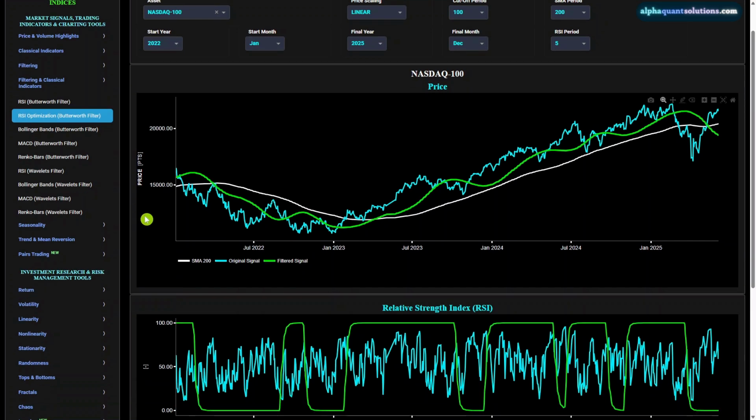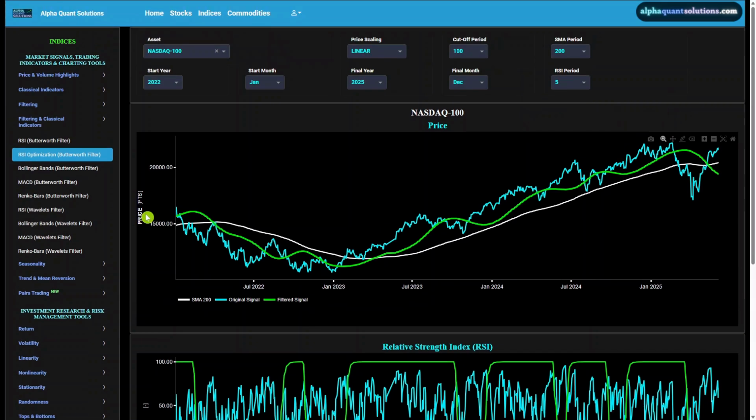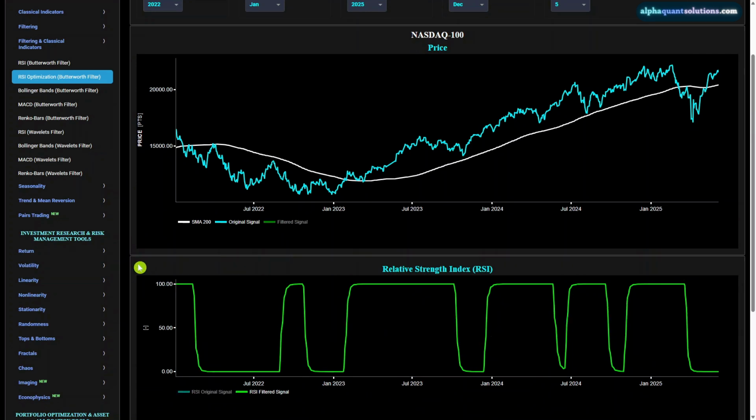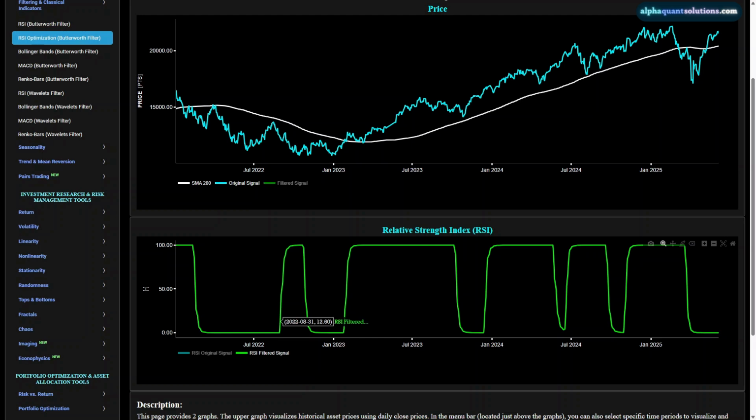Now we will use our dashboard to illustrate this algorithm. First, we will unclutter the graph, removing what we do not need to see, by clicking here on the legends to remove the signals. And let's have a look at the entry points. Where would be the first entry point? We see here that the RSI is below 30, close to 0.